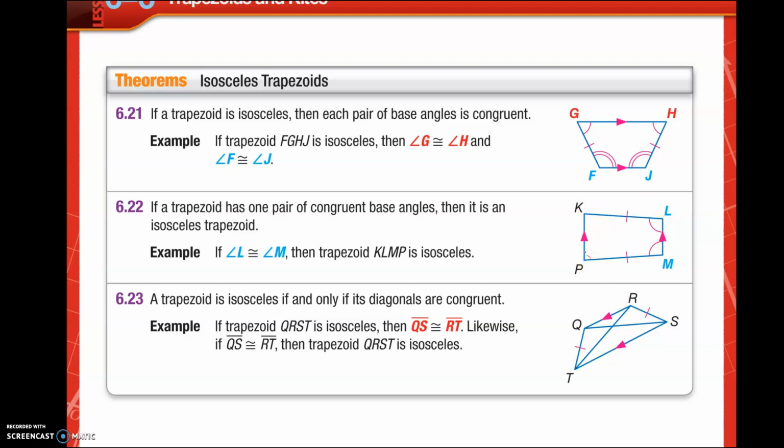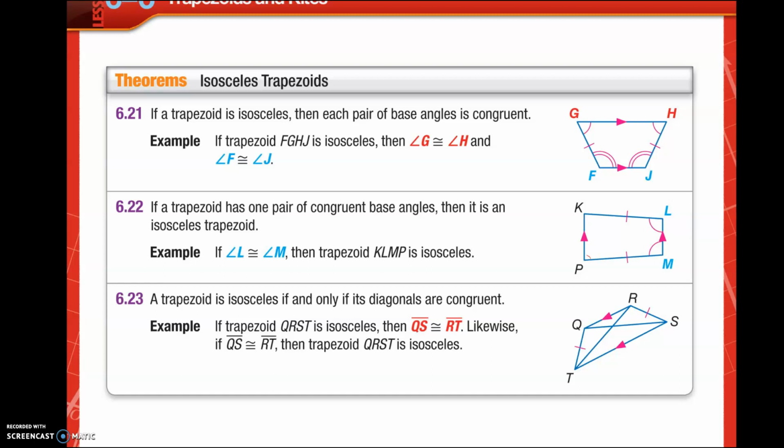The reason is that these are consecutive. Remember, L and K are consecutive angles, so they add to be 180. So this is 180 minus this, and this angle here is 180 minus that same amount, because M is equal to L. So then these two are equal to each other, which makes it an isosceles trapezoid.